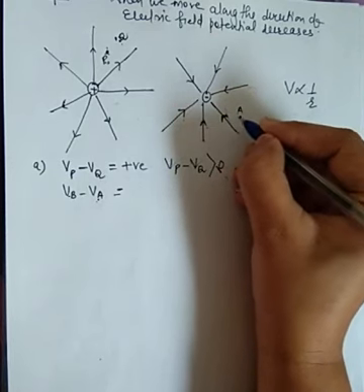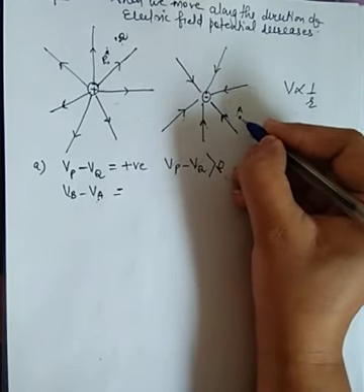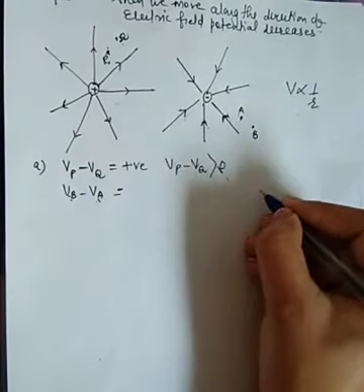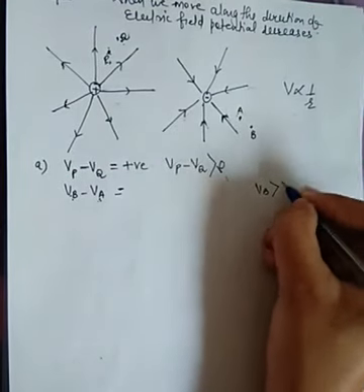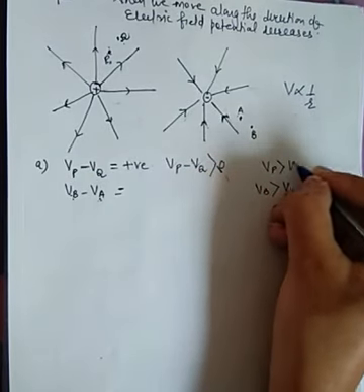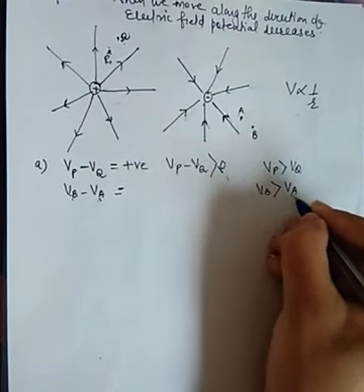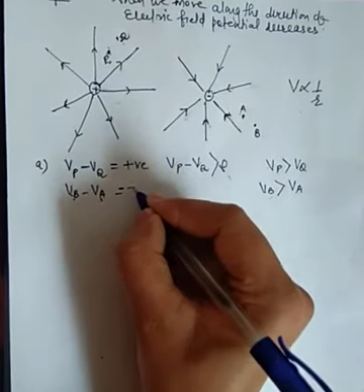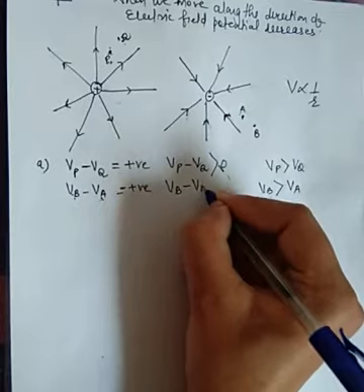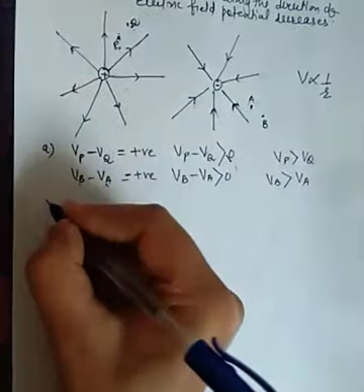Potential decreases. Decrease means this one is larger, this one is smaller. Vb is larger, Va is smaller. As in the previous case Vp is greater than Vq, Vb is greater than Va, so Vb minus Va will be positive, or we may write Vb minus Va is greater than 0.